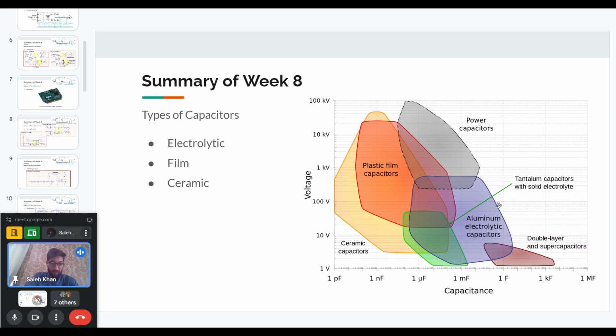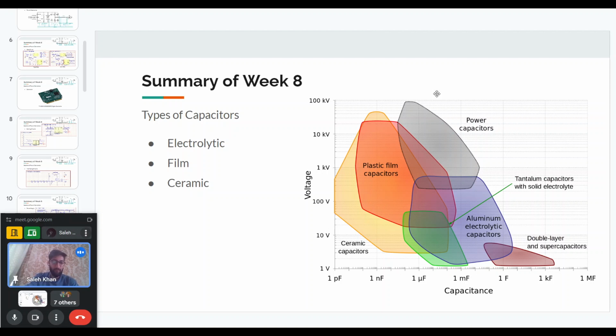So they are available in lesser capacitance values, but the voltage rating can go much higher. The plastic film capacitors and power capacitors that are shown here also come in the film capacitor category. So these are available in lower capacitance values but higher voltages.